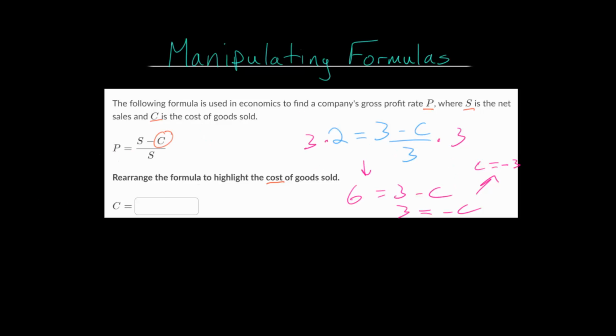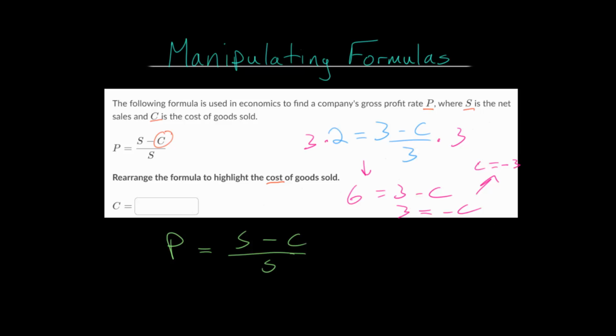If we rewrite this down below, we have that P, the gross profit rate, is equal to S, the net sales, minus the cost of goods sold, C, all divided by S, the net sales. When we were dealing with just numbers, we multiplied each side by this denominator so that we can cancel out the fraction, since we know 3 over 3 is just 1.